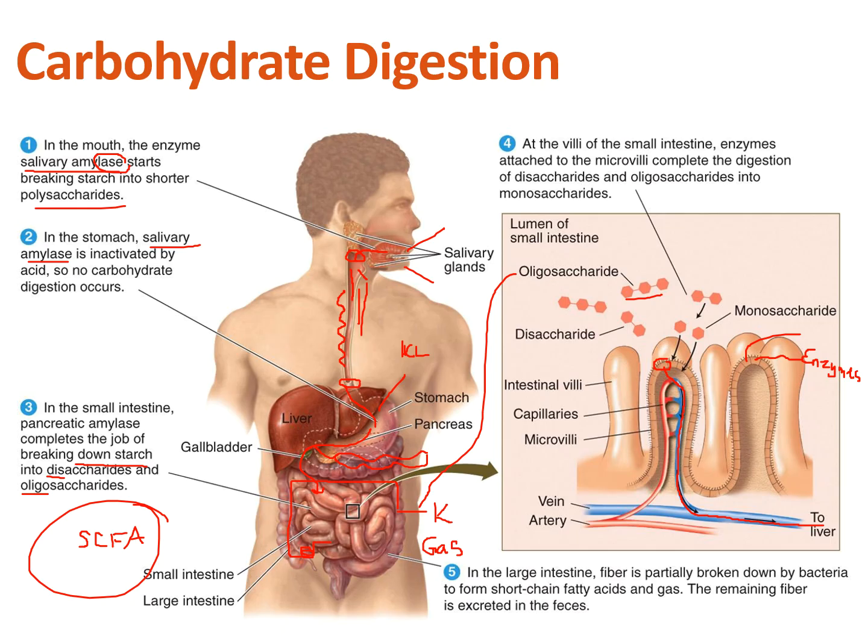So a couple of things are happening here. We get as much as we can digested. Another thing I want you to know is that our large intestine is not going to do a lot of digesting and absorbing besides what we talked about as the indigestible oligos and fiber.